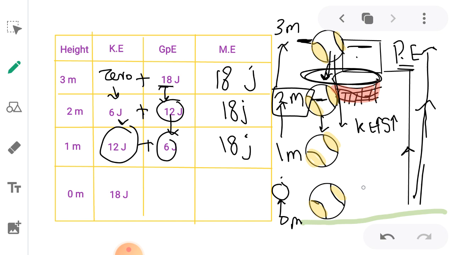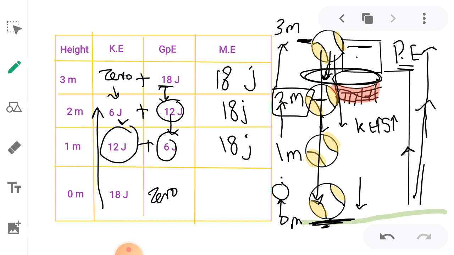At the end, when it touches the floor, as I told you, there is no height here, the height is 0, so the potential energy here is 0. And when the ball touches the ground, it has the greatest speed, the fastest point here, so the kinetic energy will increase.